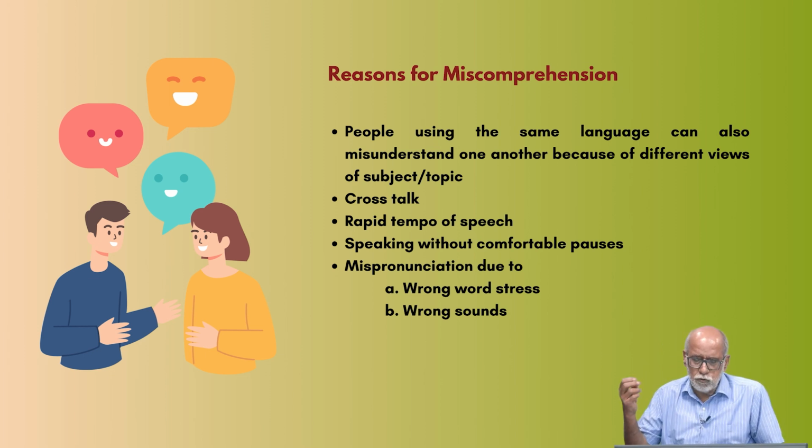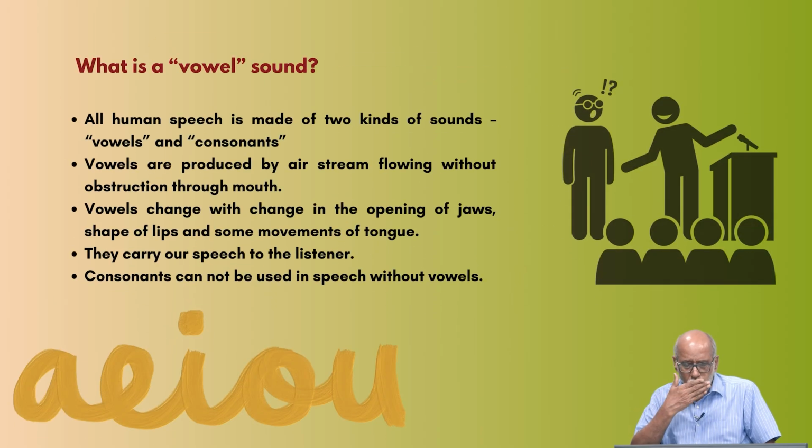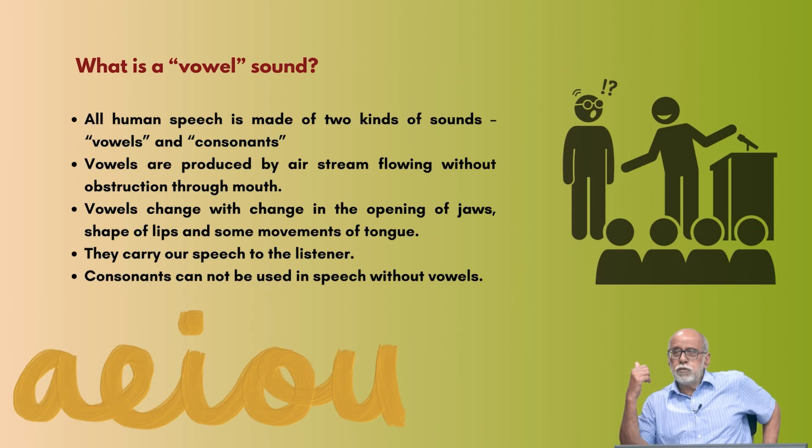A vowel sound is produced by air stream flowing through the mouth without obstruction. So, for example, when you say papa, both your lips come together, otherwise you cannot say pa. Okay. But after you have said pa, the mouth remains open and then the air flows to say ah.